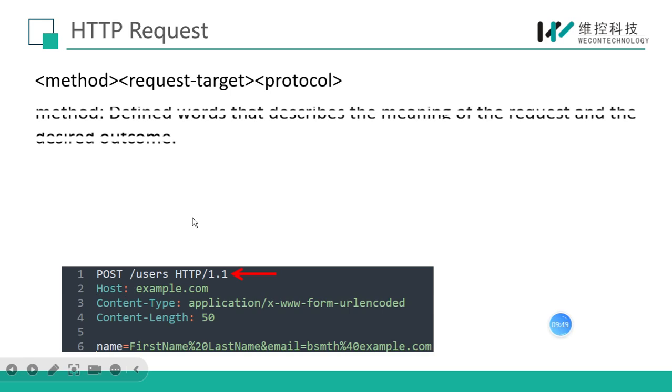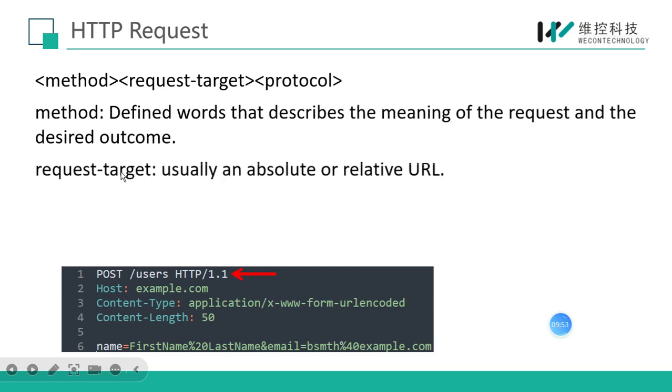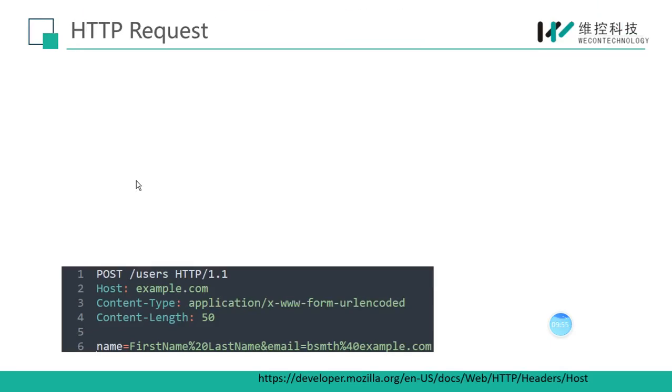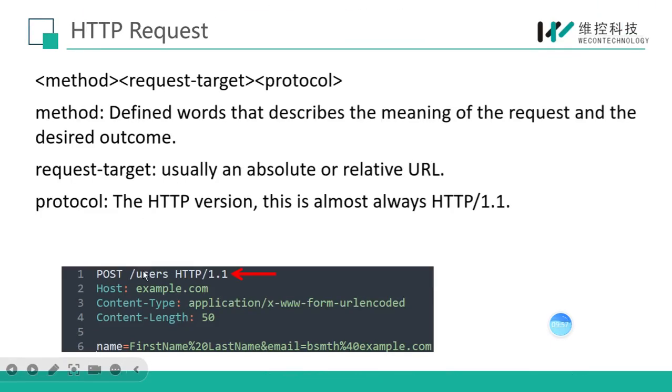So following is some HTTP request structure. First, you can see POST is the request method, and this is the protocol version number.